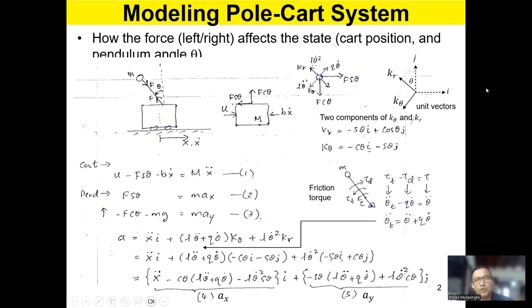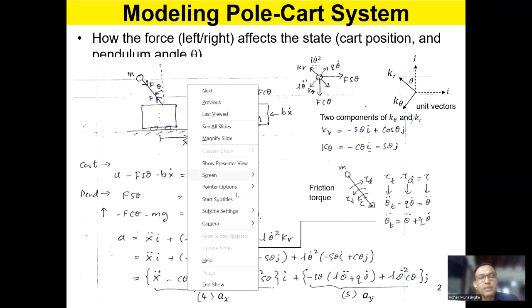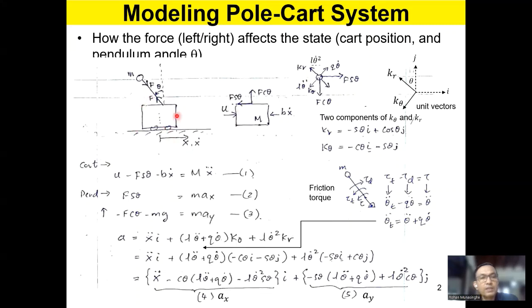The first thing is to model the plant. Over here you can see the cart and the pole, and the coordinates. For example, the pole angle is theta, and the position of the cart is measured rightward, x and x dot, position and velocity. If you look at the pole, there's some tension in the pole.